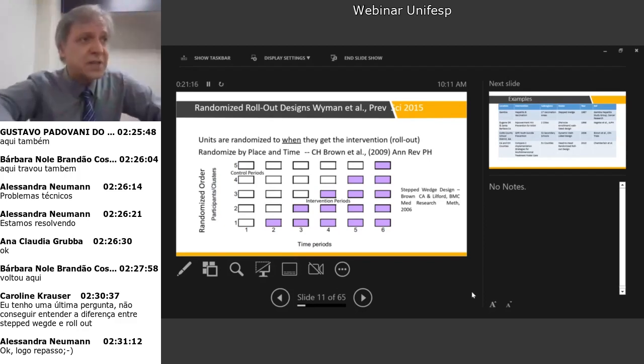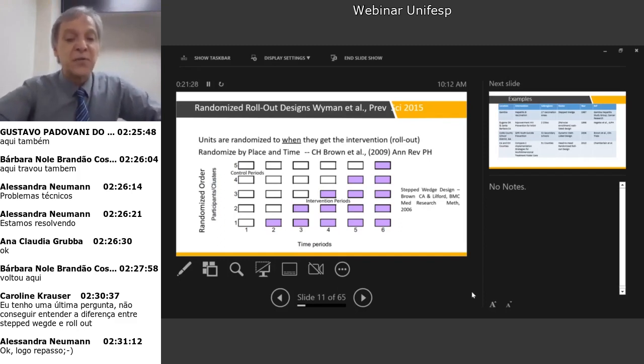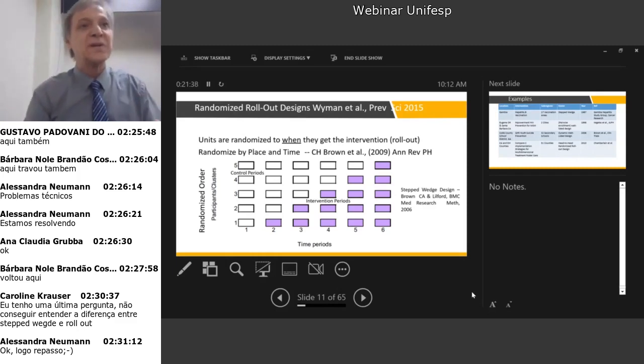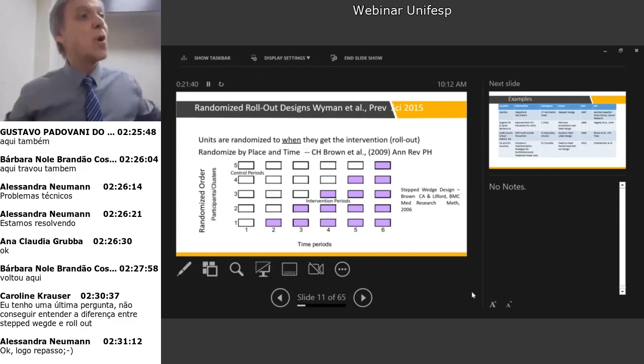Then in the second year, 4 cities are enrolled, the first combination of time and cluster of cities. Then there'll be 8 cities enrolled, then 12 cities in year 4, 16 cities in year 5, and eventually all cities, depending on the rollout and the number of cities you have. Maybe my numbers are not right, but you got the picture. That's how the rollout naturally goes.